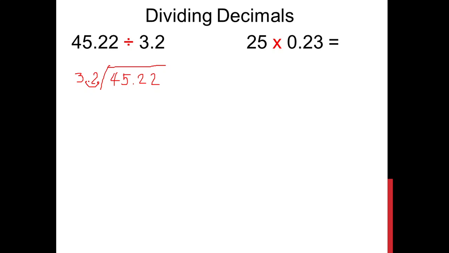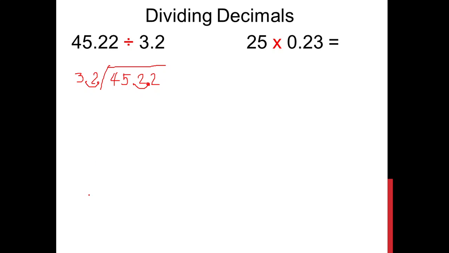Now, if we move our decimal point from our divisor, we also need to move our decimal point on our dividend. It depends on how many times you move your decimal point from your divisor. So since we move it only once, let's move it once also here. So our decimal now is here, and our divisor now is a whole number, which is 32.